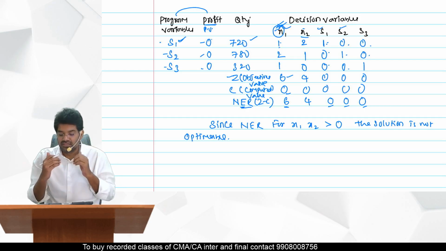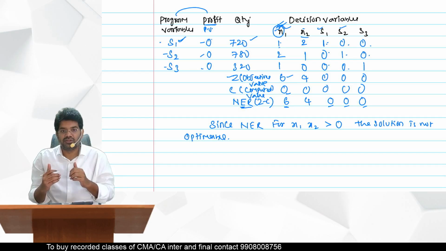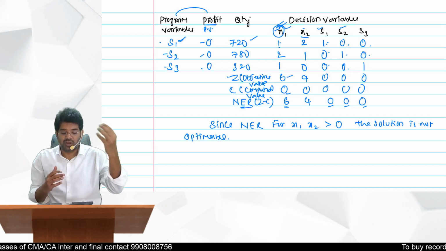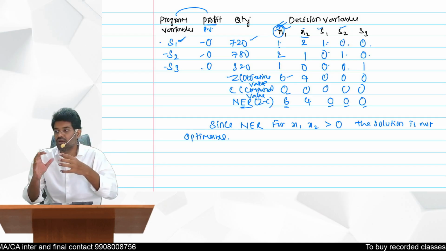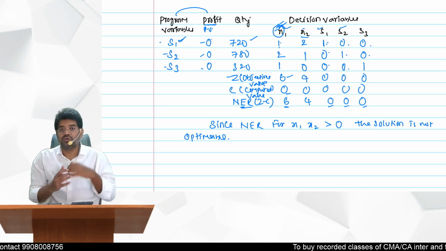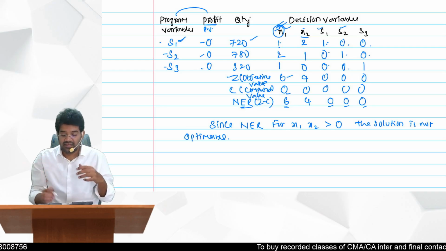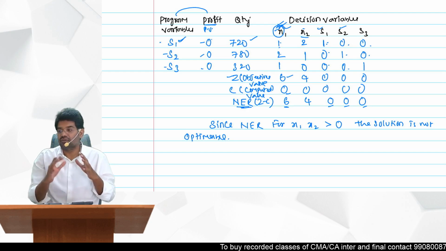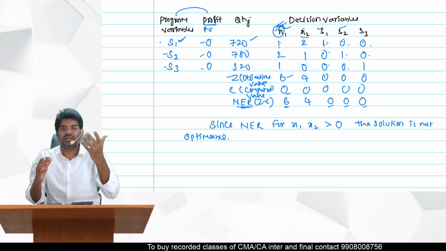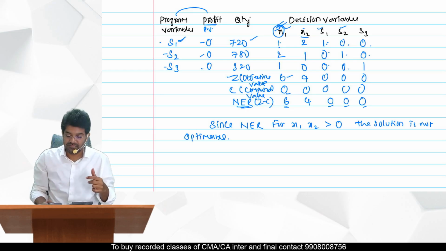Now since we did not get an optimal solution, we should replace one of those program variables with one of the decision variables, that is x1 or x2. Which one should we do that with? For that, NER is the basis. Out of the NER values, whichever has the higher value, that we should bring in. That we call the key column.